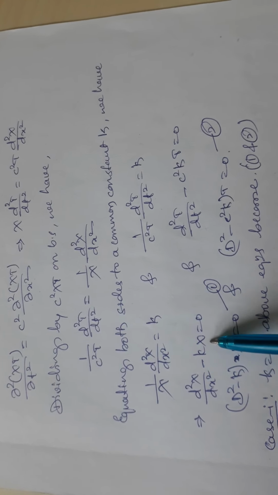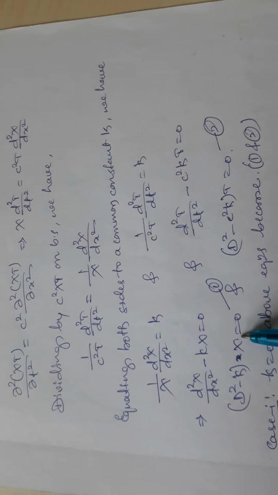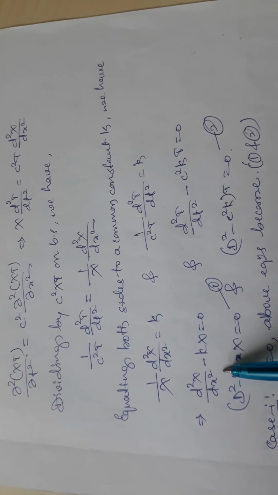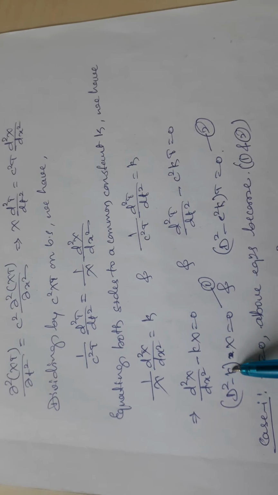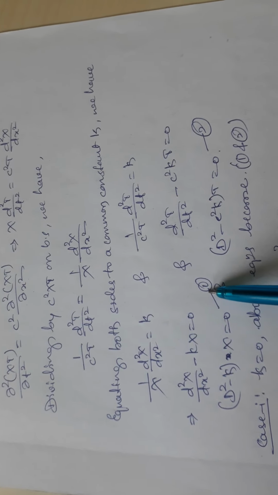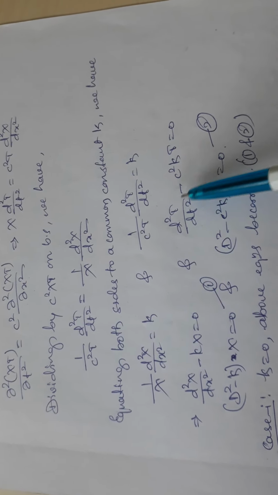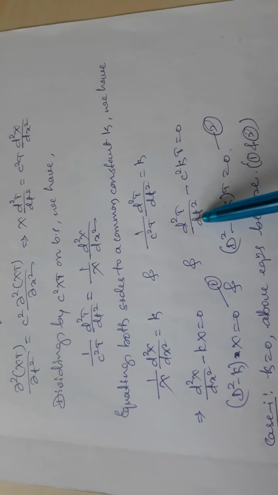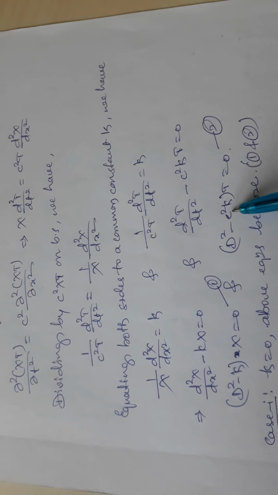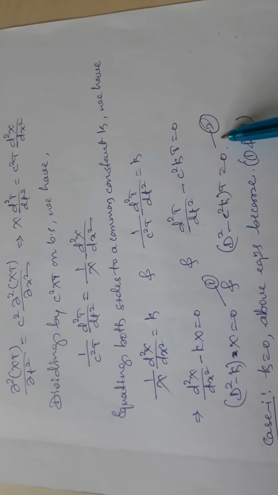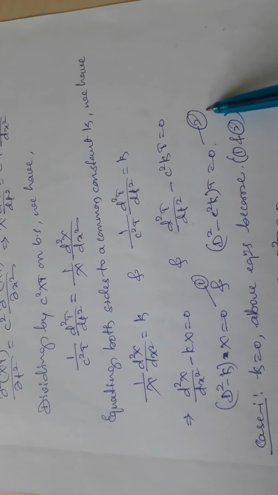Here X is common, I will take X common, and with d/dx as the differential operator D, I will write (D² − k)X = 0, call this equation number 1. Similarly here T is common, and taking the differential operator D as d/dt, therefore (D² − c²k)T = 0, call this equation number 2.